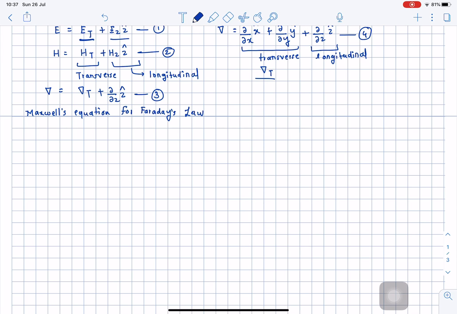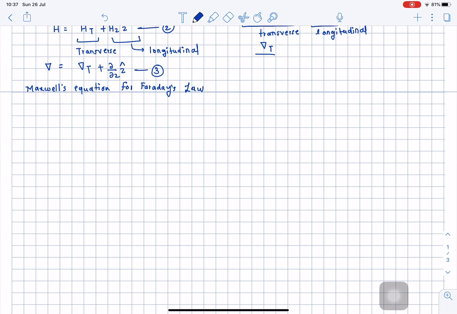We know that Maxwell's equation for Faraday's law is given as del cross E is equal to minus j omega mu H. Let us call this equation number 5. So this is Maxwell's equation for Faraday's law. So what we do is we substitute equation 1 and 2.